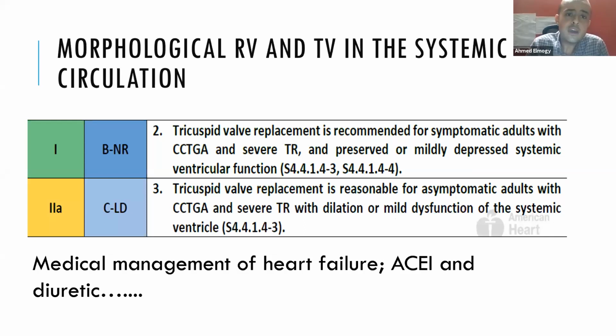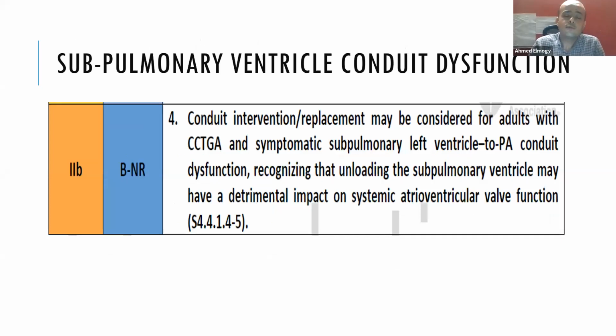In patients who have already had a switch operation or Rastelli and they have conduit dysfunction, conduit intervention should be considered for adults, whether intervention or replacement, but you have to recognize a very important thing.